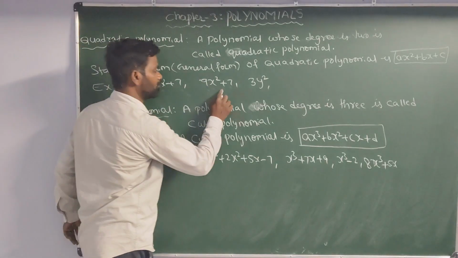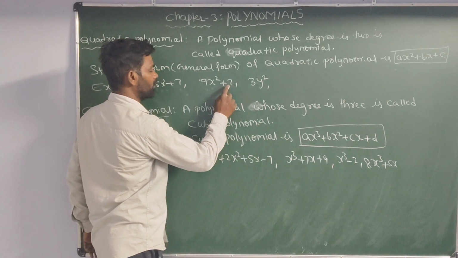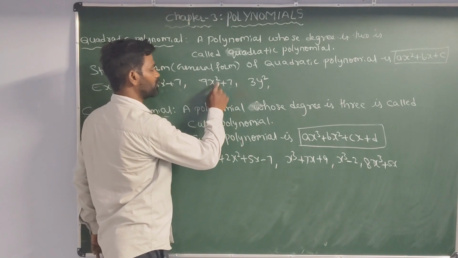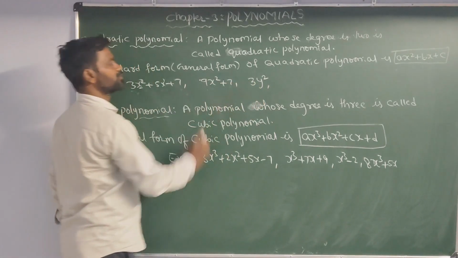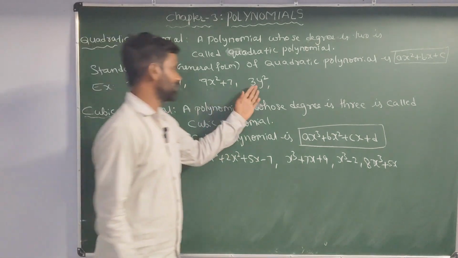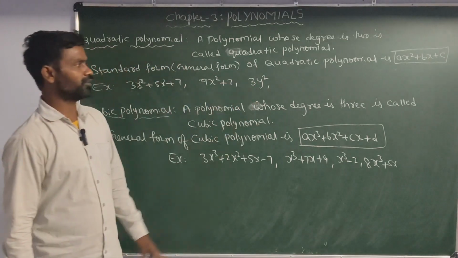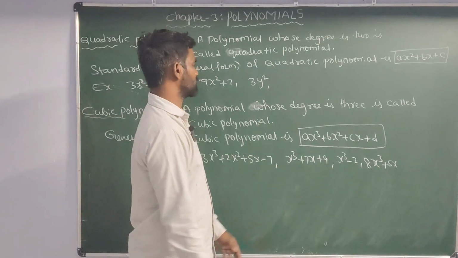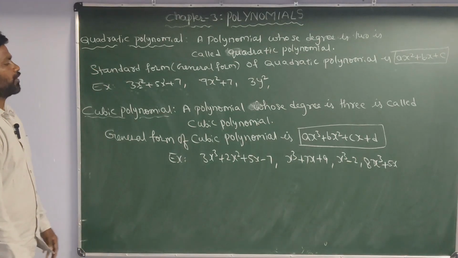But in this example there is no x term, though the x square coefficient and constants are there, it is still a quadratic polynomial. Next, here we have only 3y square. Of course it is also a quadratic polynomial. Constant is not there and x coefficient is also not there, but it is a quadratic polynomial.